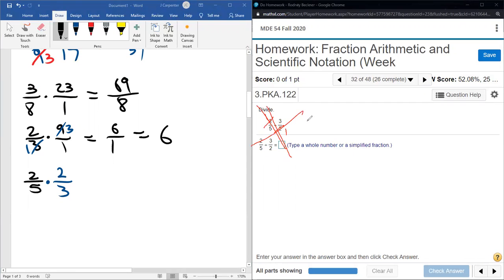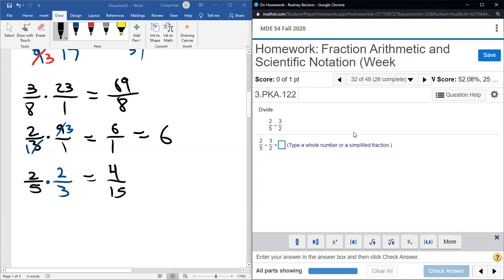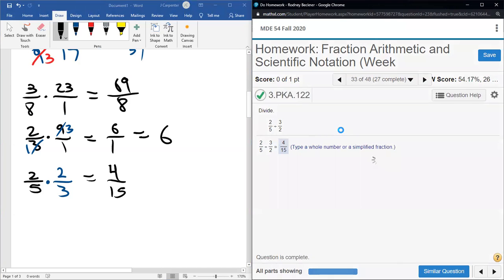You cannot do that. Don't do that. You cannot reduce anything except for products of fractions. So these 2's are in the top, so they don't even reduce. Nothing reduces here. 5 and 2, 5 and 2, 2 and 3. Nope, just multiply straight across, you get 4 over 15. And that's your answer. You just got to pay attention. You got to process what you're actually doing.